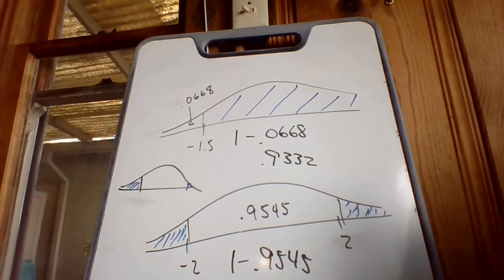But then I'm going to want to know what is half the leftovers. Okay, so I'm going to just divide by 2. 0.0455 divided by 2 is 0.02275.